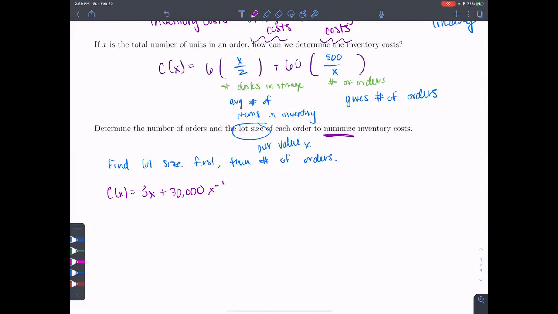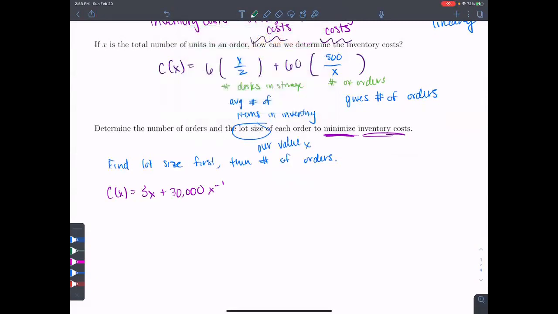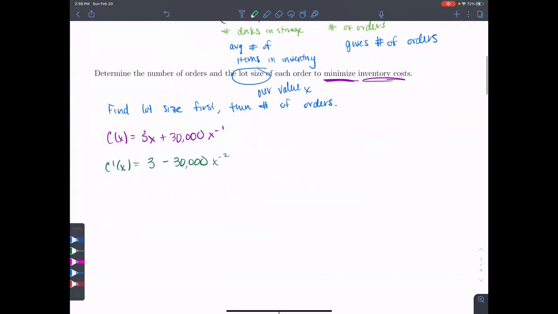Okay, so I'm minimizing costs, so I need to take a derivative. So C prime of x here would be 3 minus 30,000 times x to the negative 2. And then I'm going to find a critical value because I'm looking for a min or a max. So 0 equals 3 minus 30,000 x to the negative 2.